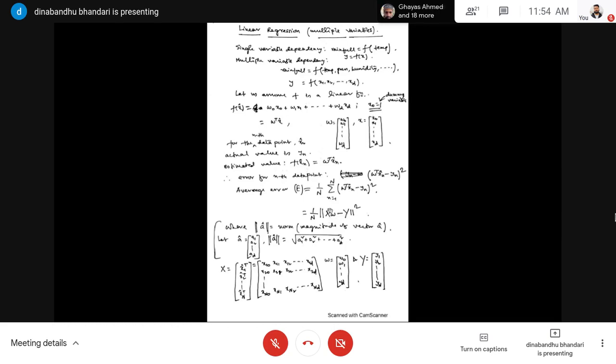Now, here I have written one expanded term, the vector Xw minus y. What is capital X? Capital X is a matrix we have constructed like this. You have x1 as a vector, x10, x11, x12, up to x1d. This is a column vector x1, and we write the transpose of x1.